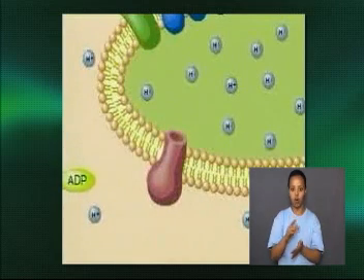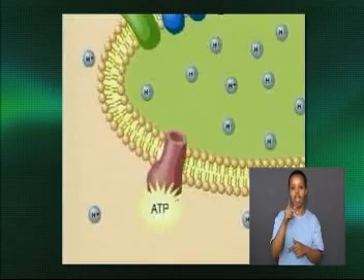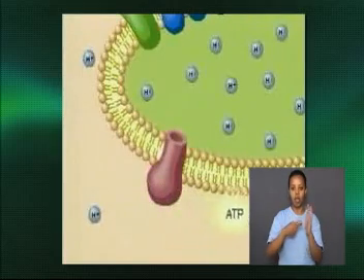This causes the eventual formation of ATP called photophosphorylation. Also, the excited electrons react with hydrogen ions and NADP at the end of the second electron transport chain.